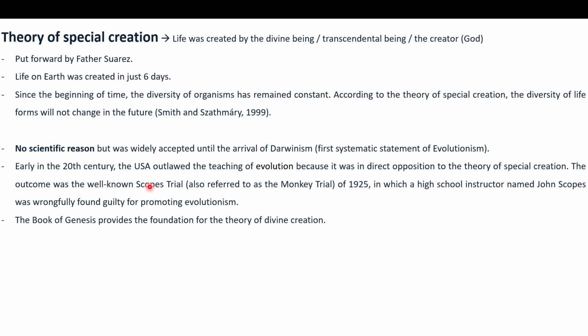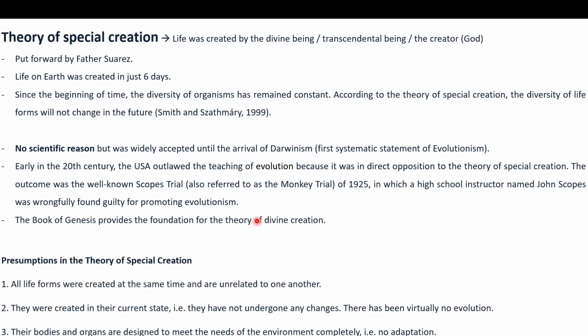There was this well-known Scopes trial, which you can go back and read about, where a high school instructor was tried in court. John Scopes was found guilty for promoting evolutionism. Okay, and the book of Genesis actually lays the foundation for this particular theory.